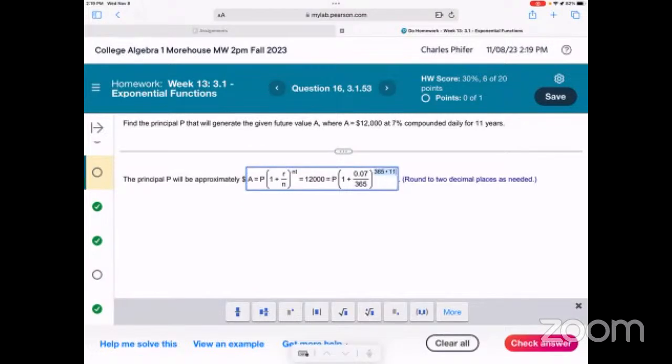So we have 12,000 equals p times some number. If we want to solve for p, we use the inverse operation and divide both sides by that number. So in our calculator, we say 12,000 divided by whatever that number is next to p. Hopefully that makes sense.